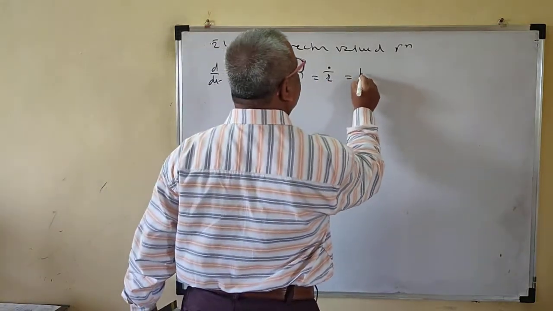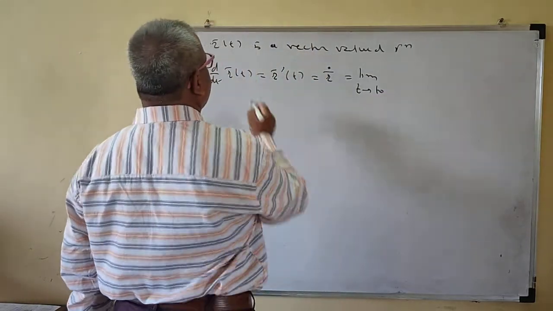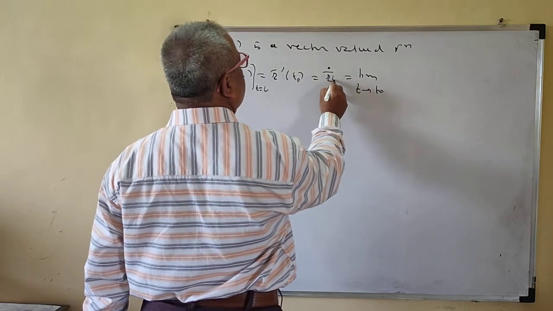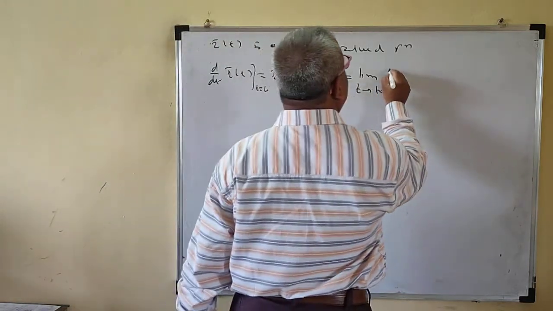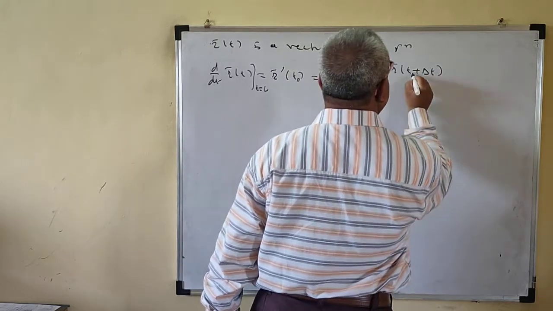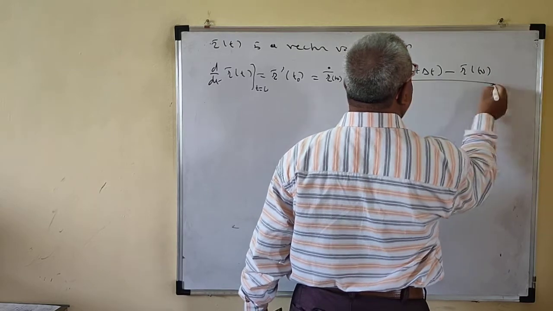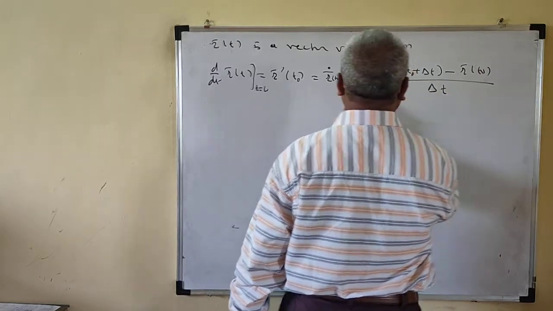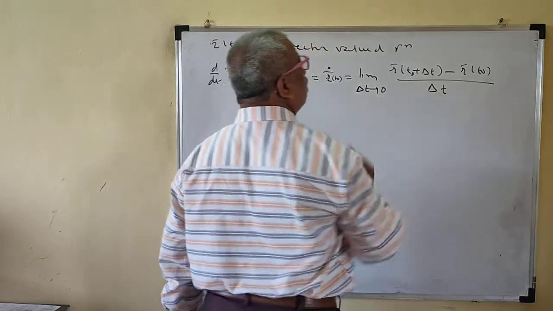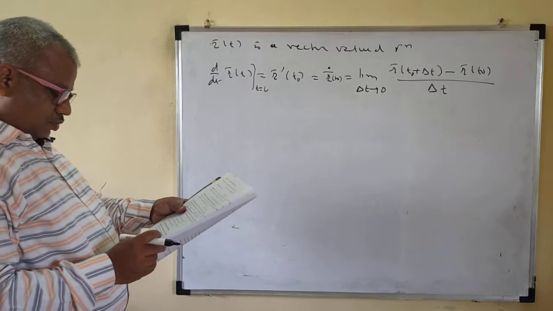So the definition of this is: the limit as t tends to t naught, suppose t is equal to t naught, of r bar of t naught plus delta t minus r bar of t naught upon delta t, as delta t tends to 0.